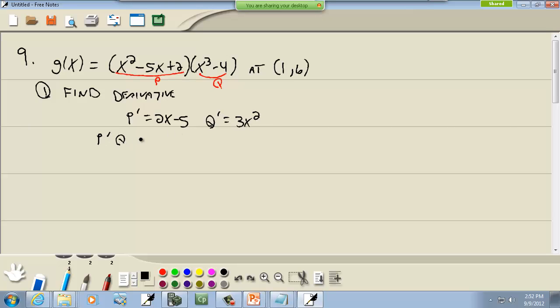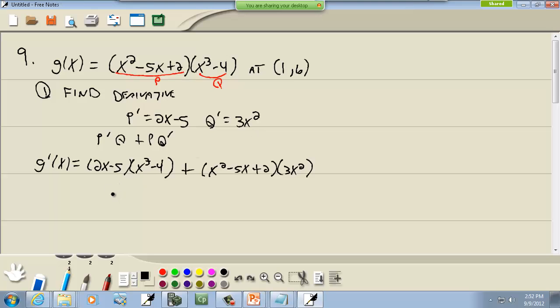And we got P prime Q plus P Q prime. So our derivative: P prime was 2x minus 5 times Q, which was x to the third minus 4, plus P, which was x squared minus 5x plus 2 times Q prime, which was 3x squared.